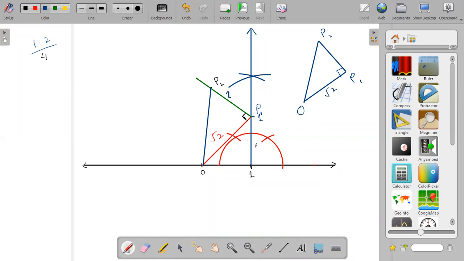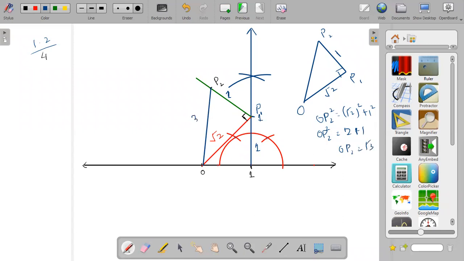So this distance is 1 unit, and by Pythagoras theorem, OP2 square will be equal to root 2 square plus 1 square. Root 2 square is 2 and 1 square is 1, so OP2 square is 3, and OP2 will be equal to root 3. Are you getting my point?